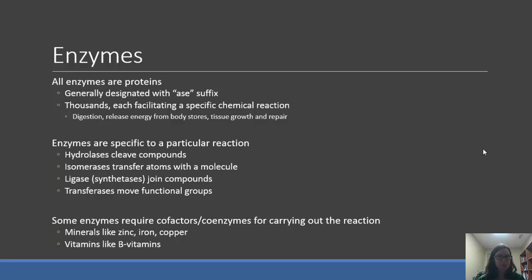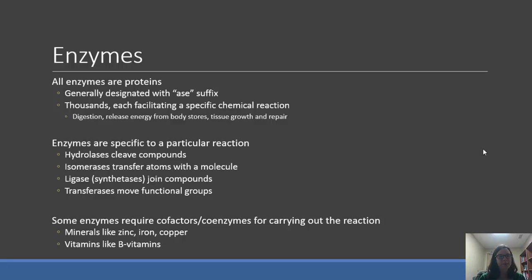Enzymes are specific to a particular reaction, and the name of the enzyme often indicates its function. We've seen in our discussions, for instance, that kinase enzymes always add a phosphate group on, whereas phosphatase enzymes take a phosphate group off.